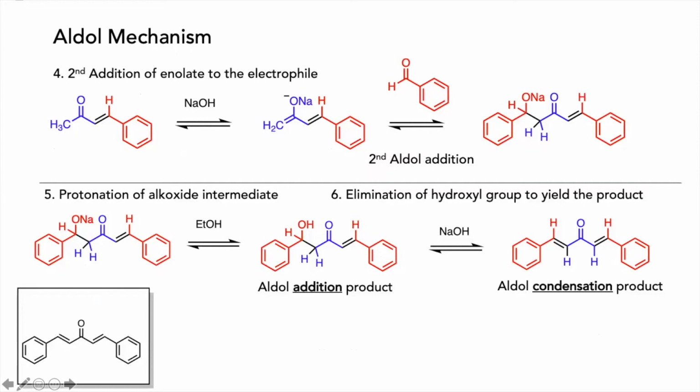Here you're generating the enolate once again and then reacting it with the carbonyl electrophile benzaldehyde one more time to give the alkoxide, which will then be protonated by ethanol to give you the beta-hydroxyketone product, and then it is the condensation product to give you the aldol condensation product on both sides of the acetone molecule.